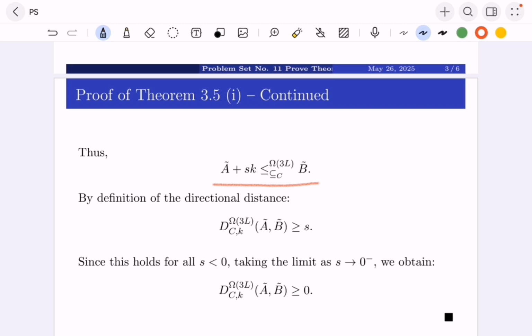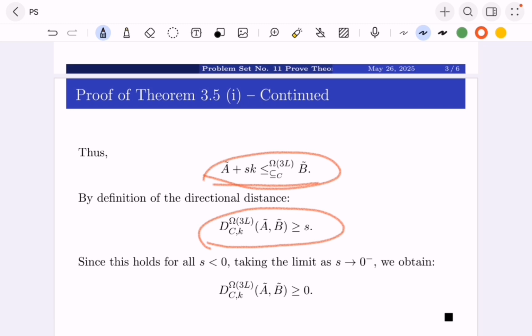Now, by definition of the directional distance, since we have this one, it follows that we have this one. So this says that the minimum amount we need to shift A tilde in the direction K so that it stays under B is at least S. But this inequality holds for every S less than 0.